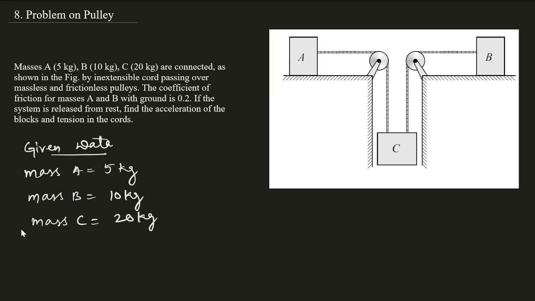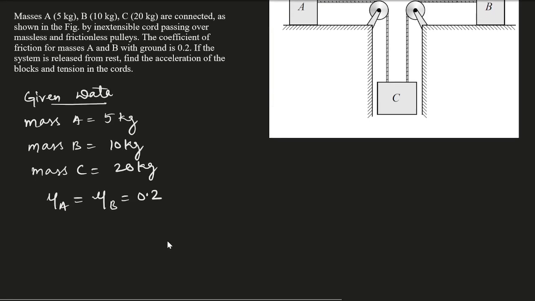They have given the coefficient of friction for masses A and B as well, that is mu A equal to mu B equal to 0.2. That means they are resting on the horizontal surface, and for both the masses, the coefficient of friction is the same.